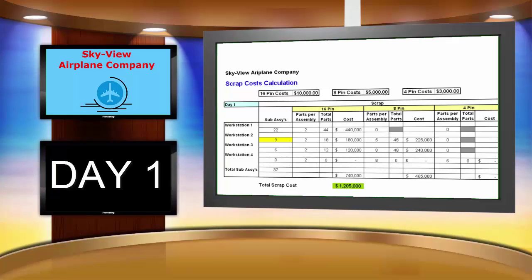This time, there are 2 16-pin parts and 5 8-pin parts per assembly. This works out to 18 16-pin parts worth $180,000 and 45 8-pin parts worth $225,000.